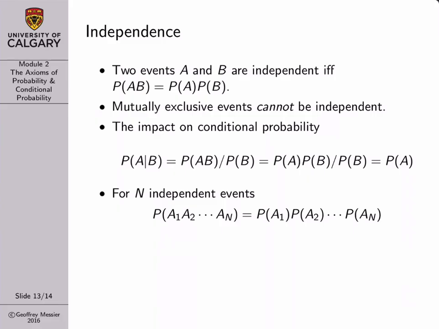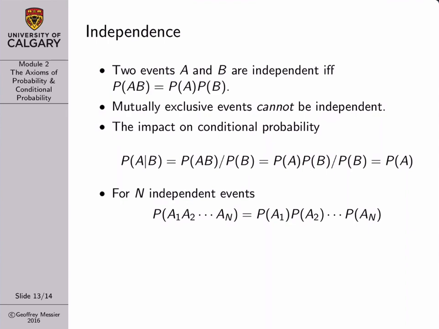The last concept I want to talk about in this module is the concept of independence. And this is a really important idea that's going to come up over and over again throughout this course. There is a strict mathematical definition for independence.